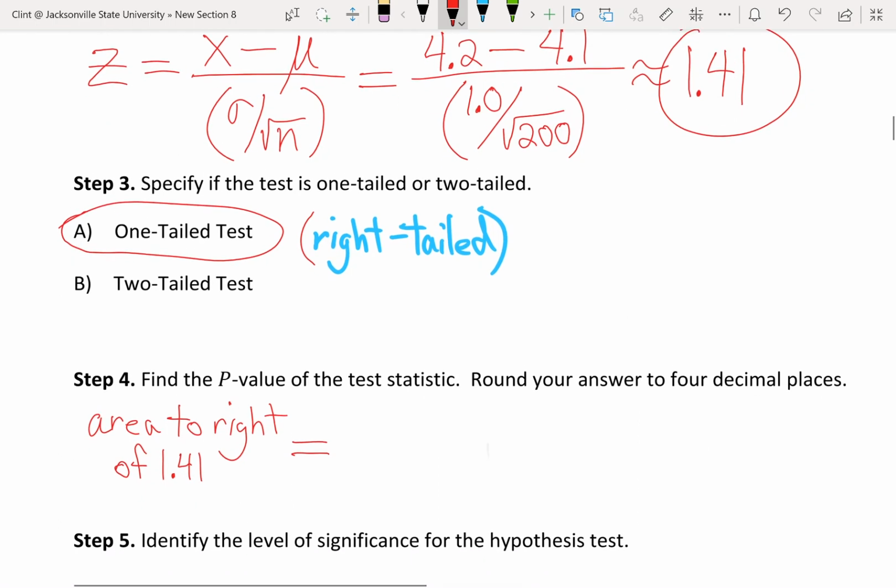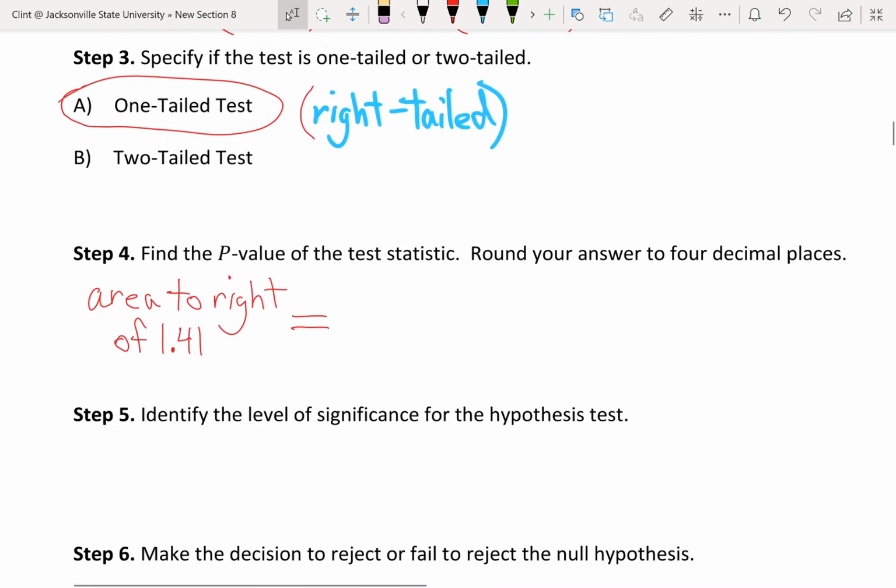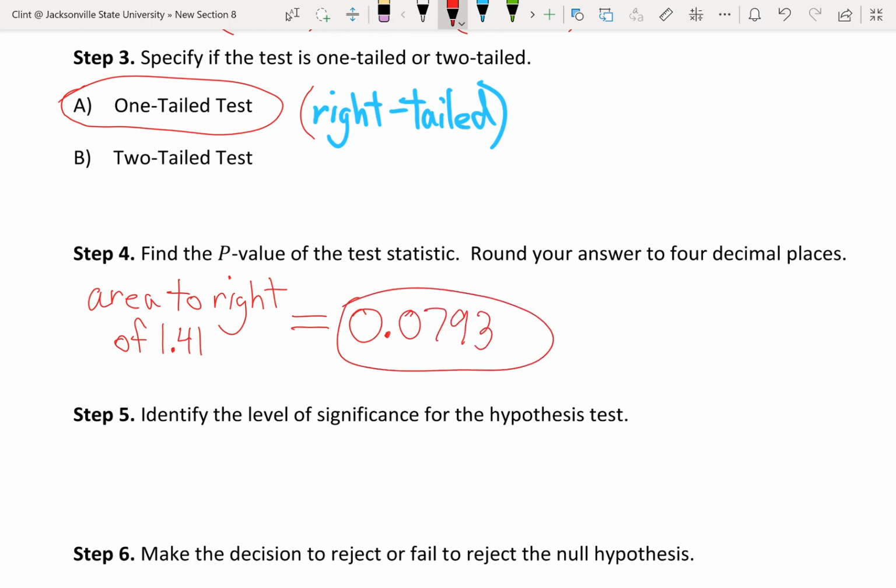So to get the area to the right, we're going to look up the opposite. So we'll look up negative 1.41 and get 0.0793, I believe. Okay.